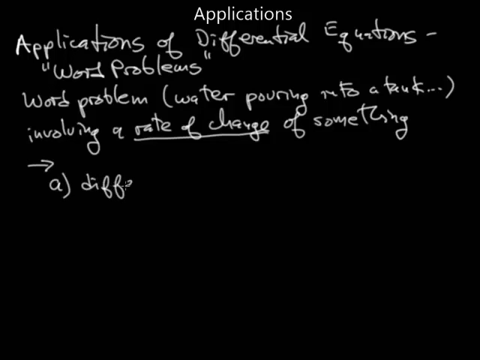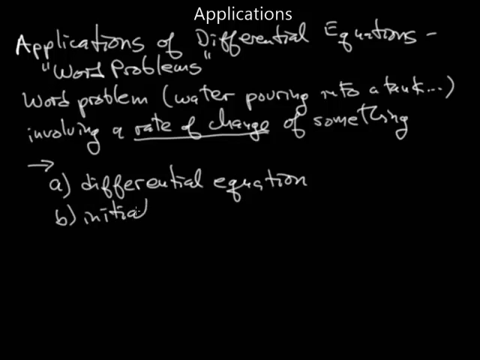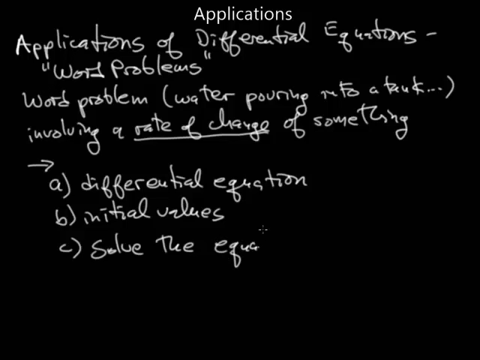So given this word problem, the first challenge is to convert it into a differential equation. And part B is to figure out what the initial values are and then solve the equation. What's typical here is that solving the equation is, well, we've reduced it to a problem that's already been solved.